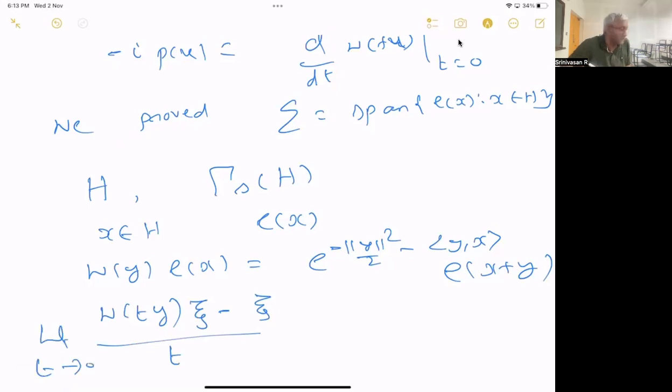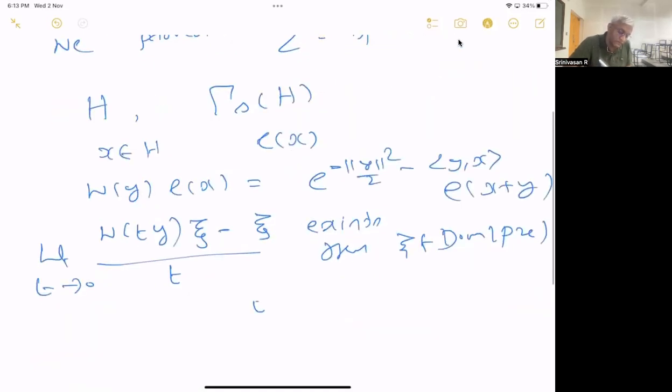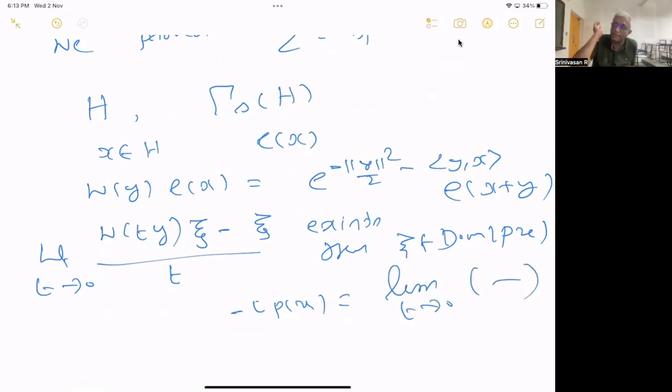That's all. If this limit exists, then we say xi is in the domain of P of u, and iPu xi equals that limit, whatever that limit is. This is how we define it.